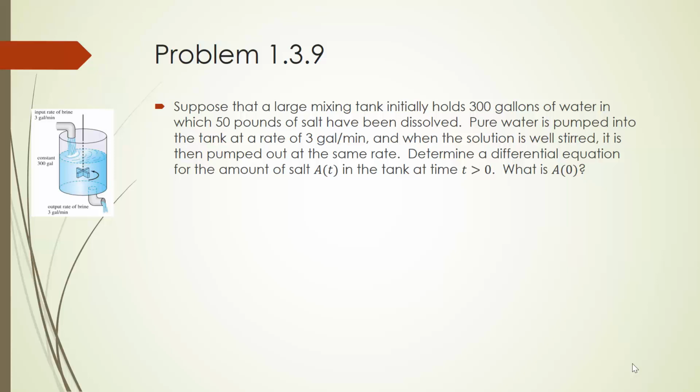So our rate of water coming in would be 3 gallons per minute. Determine the differential equation for the amount of salt in the tank at time t bigger than 0. And then it's also asking us what A of 0 is equal to.